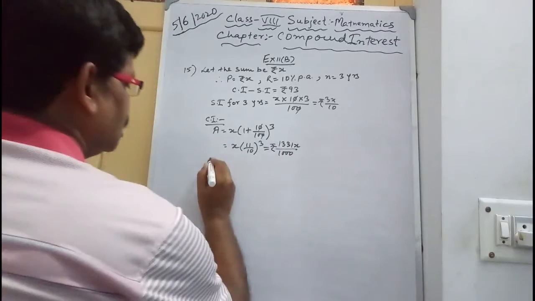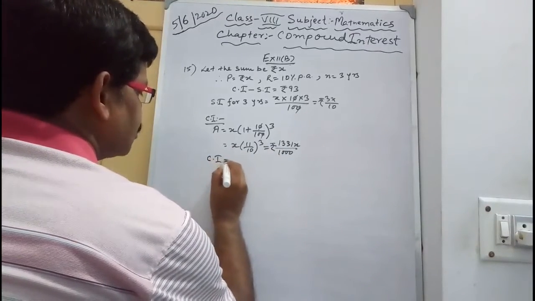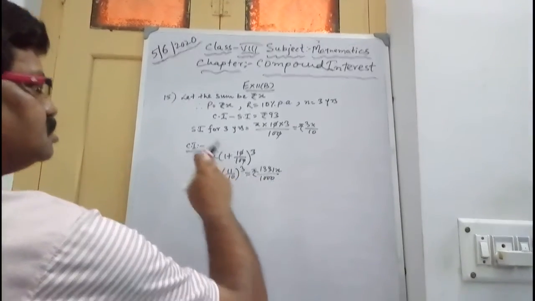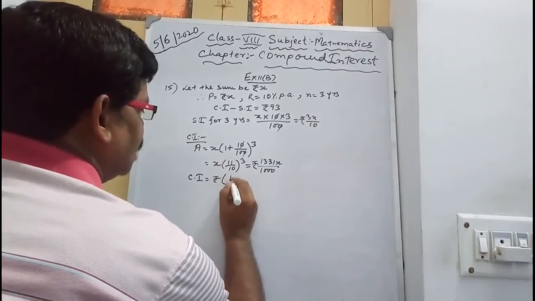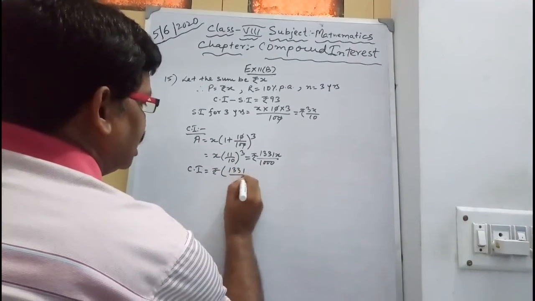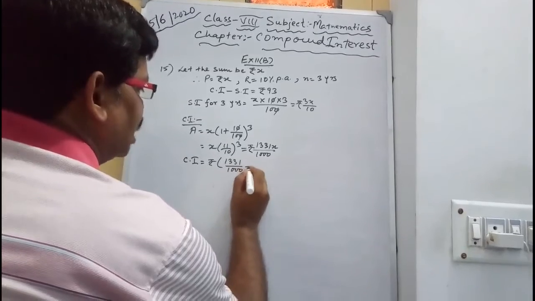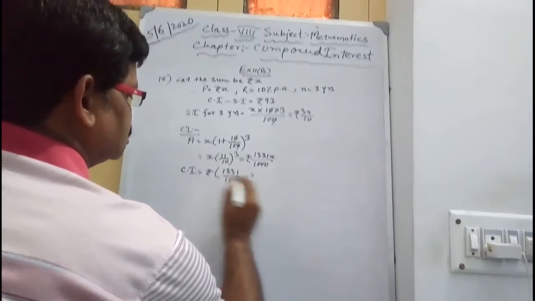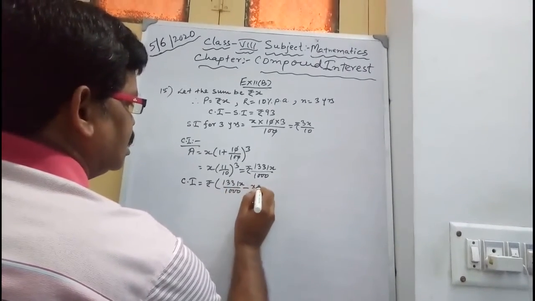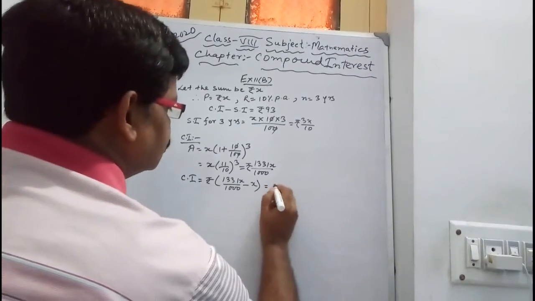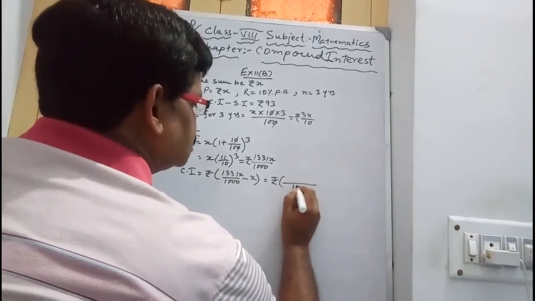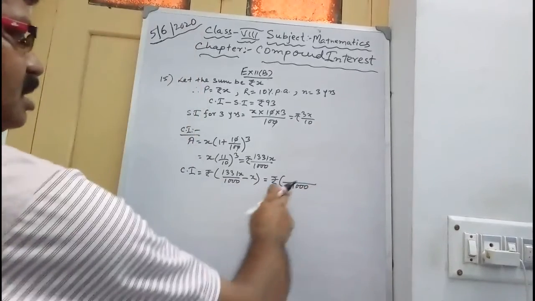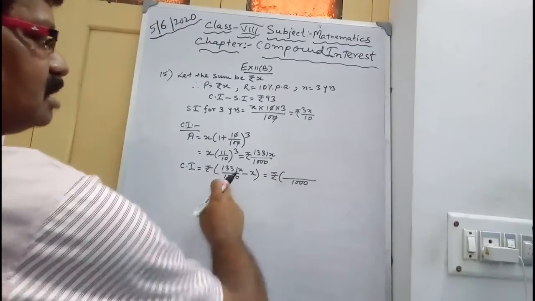Next you have to find compound interest. So compound interest is equal to A minus P, and A is 1331x by 1000 minus x. LCM is 1000. Now divide this 1000 by 1000.